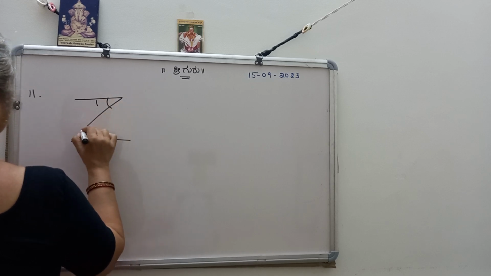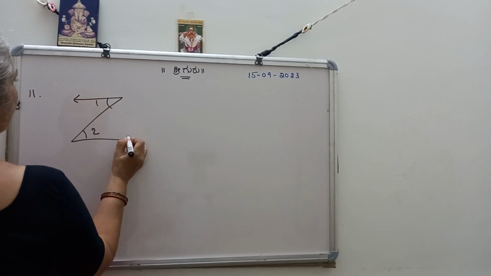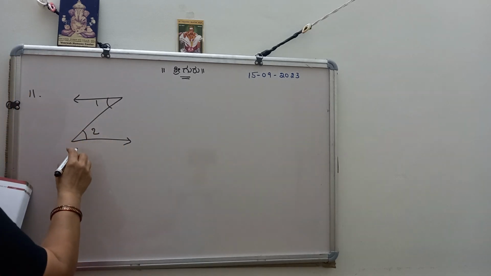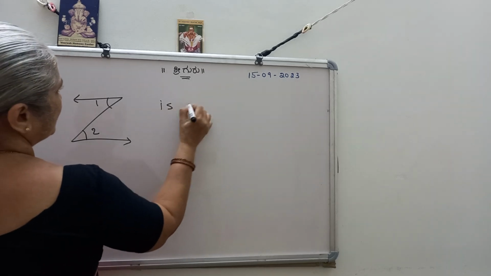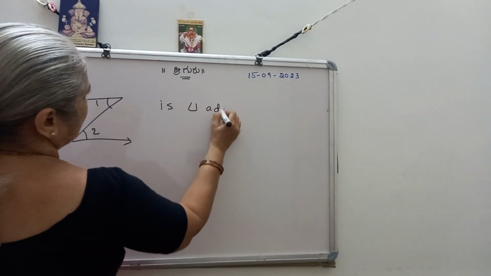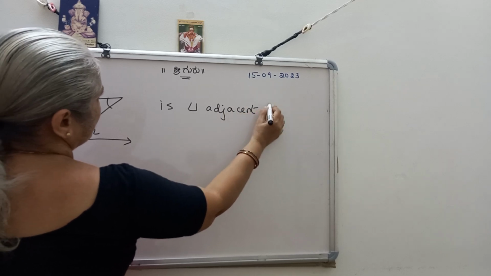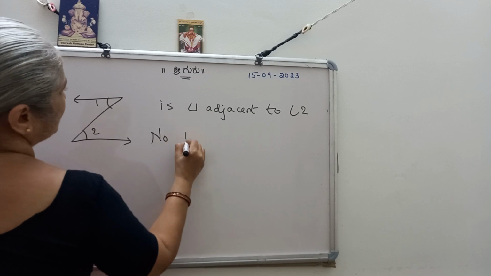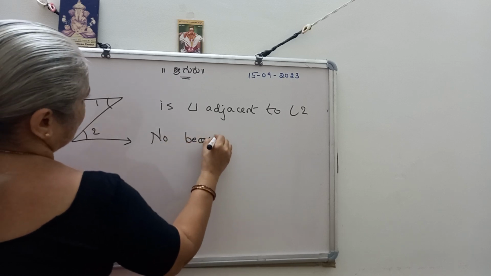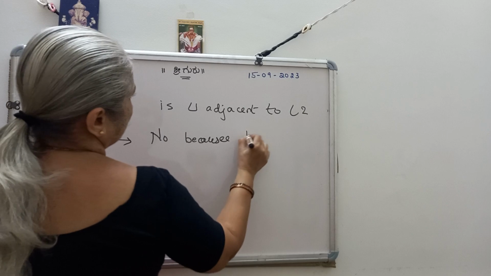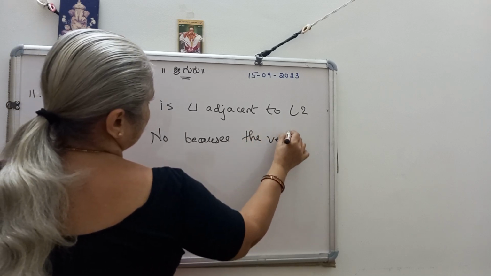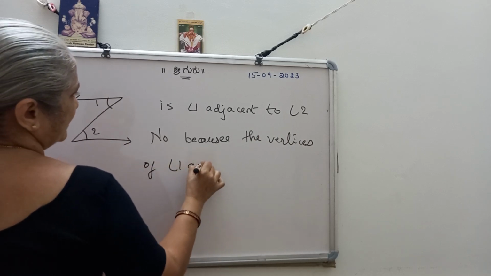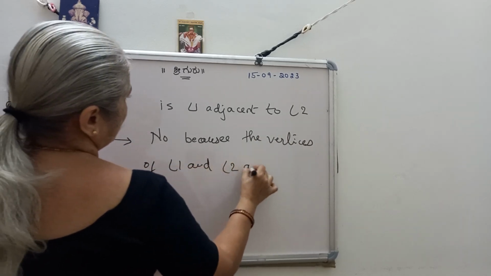This is 1 and this is 2. Is angle 1 adjacent to angle 2? No, because the vertices of angle 1 and angle 2 are not the same.